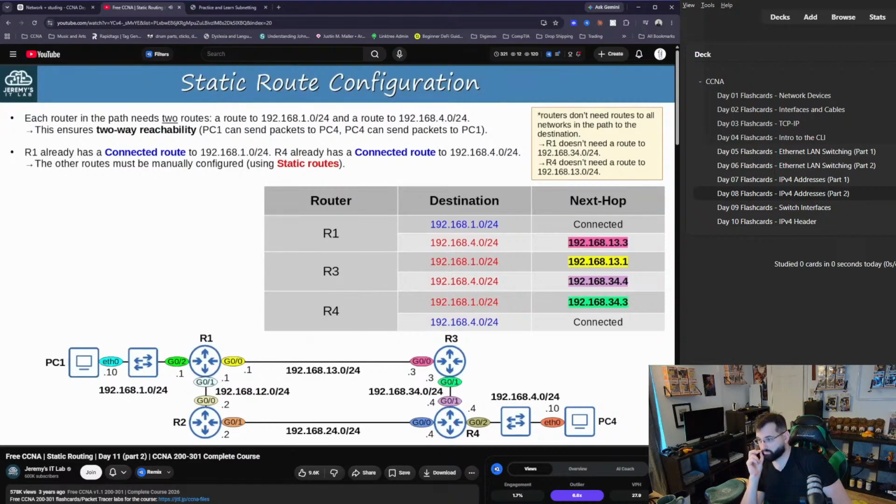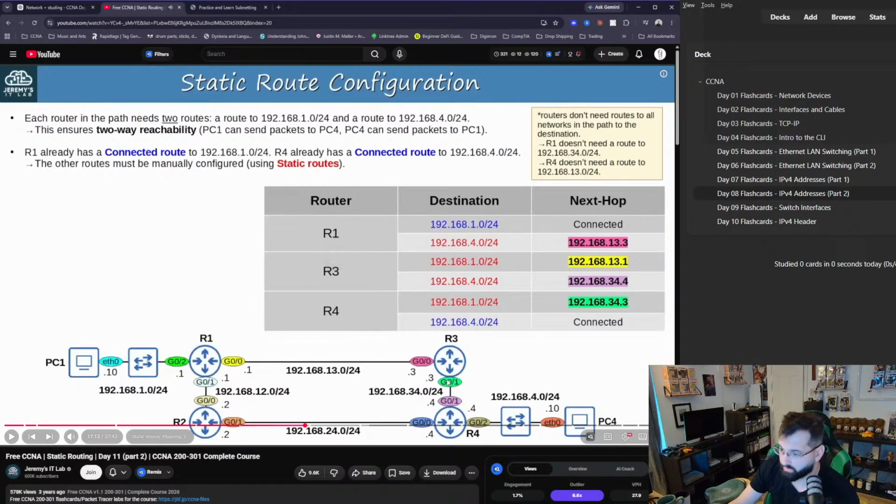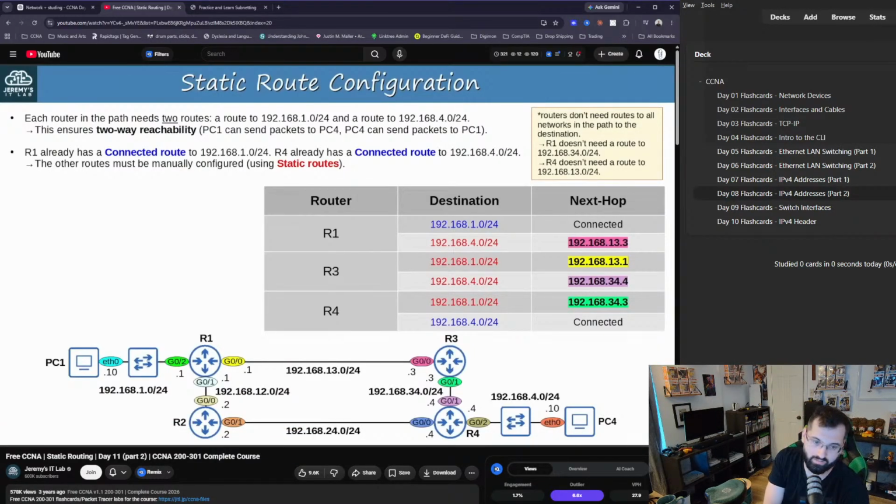The answer is 192.168.34.3, the IP address of R3's G0/1 interface. Okay, because the interface is here and that's there. So each interface has its own IP address, and each interface has to be on the same network as the interface that it's connected to. Okay. Man, that took a lot of brain power, but I think I understand it all.